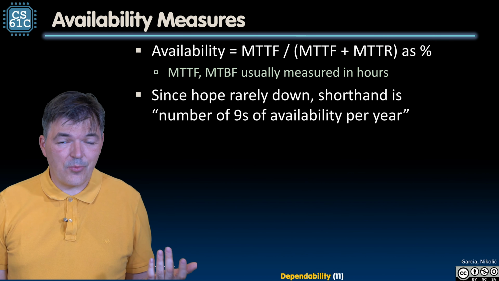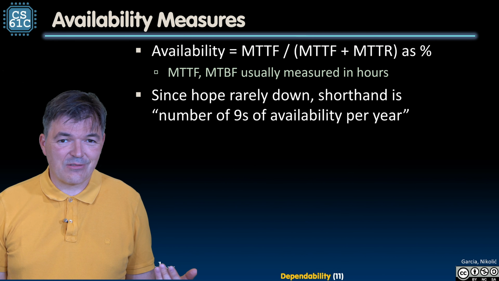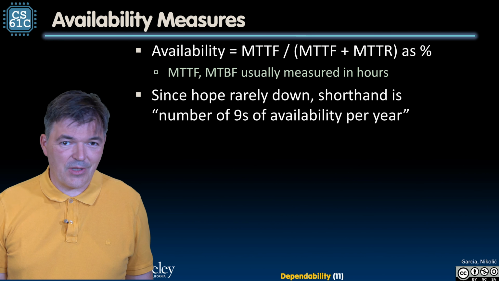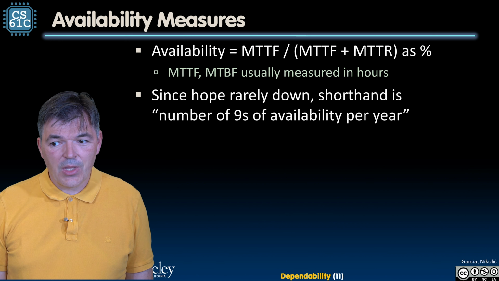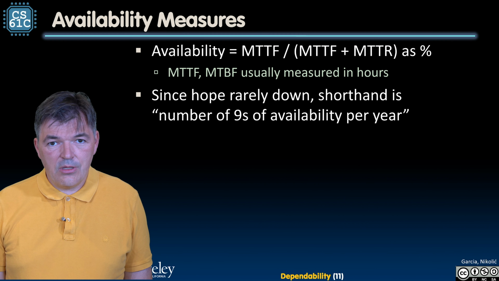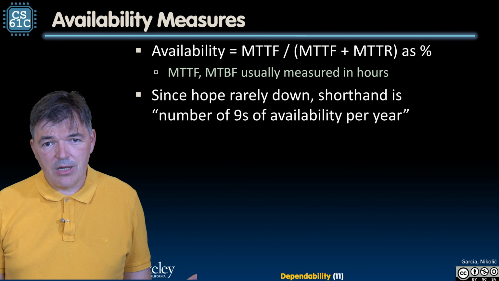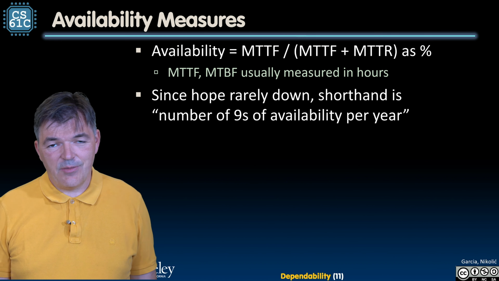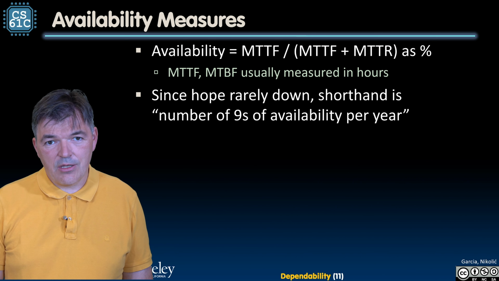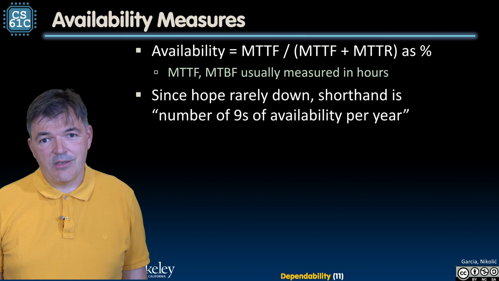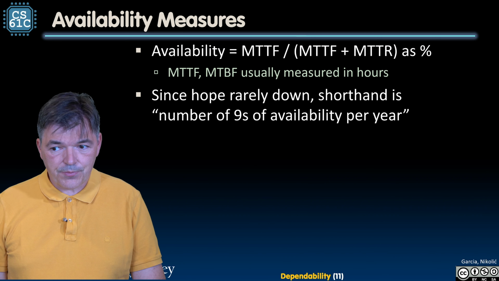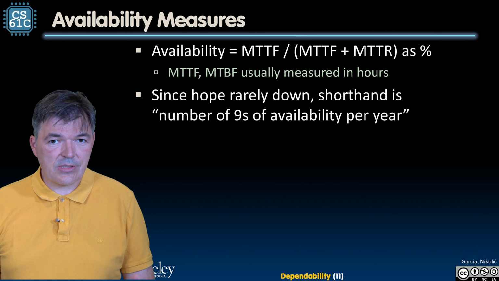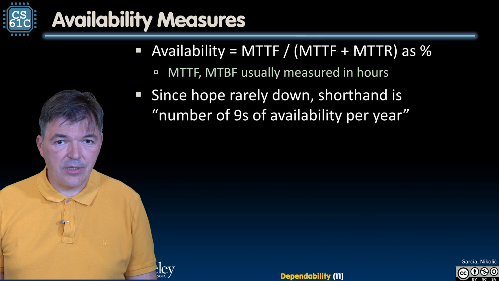Now, modern computer systems rarely go down, at least the systems that we are used to. So we generally assume that it is going to be up a very large percentage of time, meaning 99.99 some percent of the time. That number of nines is generally measured as the number of nines of availability per year.